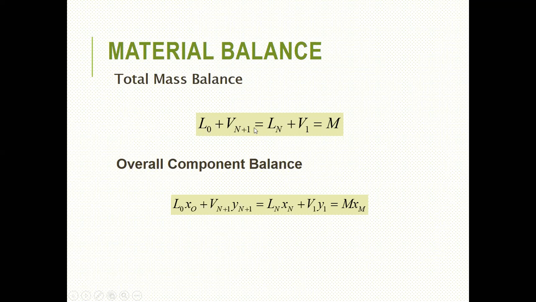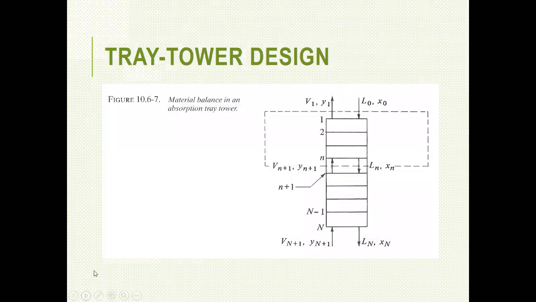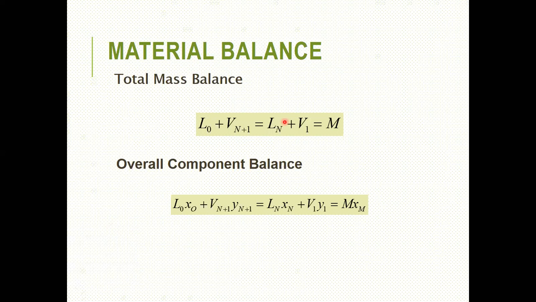So the streams that are entering our multi-stage system are L0 and V sub n plus 1. This is your solvent and this is your feed, your gas mixture. And it should be equated to the solvent that carries with it the recovered solute in the gas, L sub n, and V sub 1 is the gas that has been freed of the solute.